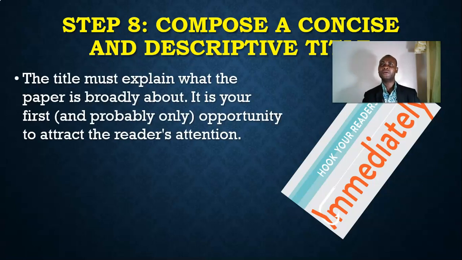Okay, so your title should be concise, should be brief. It should talk about your study. There was one paper I reviewed last month for one particular journal. And what I noticed is that the title was very misleading.